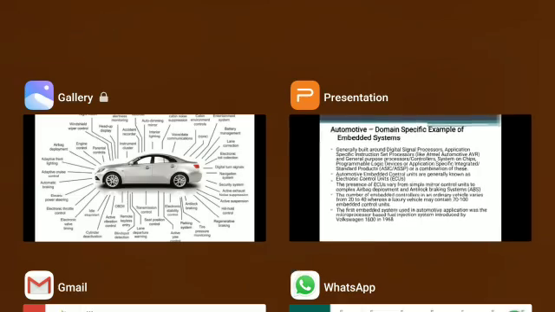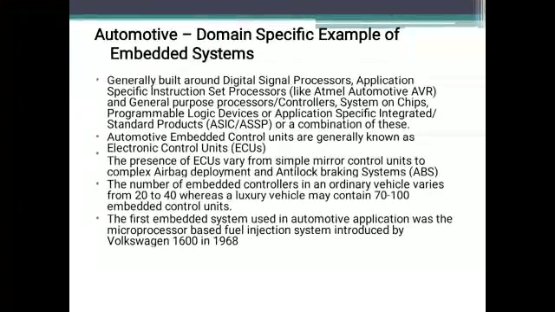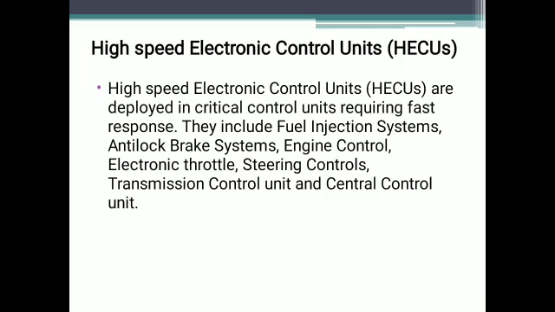Okay, now let me go to the two categories of ECUs, that is high speed electronic control units, HECUs, and LECUs. High speed electronic control units, HECUs, are deployed in critical control units requiring fast response. They include fuel injection system, anti-lock braking system, engine control, electronic throttle, steering controls, transmission control unit, and central control unit.